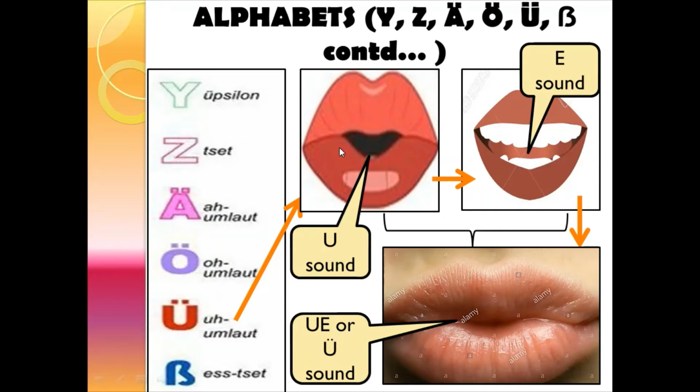Do note from this image that when the U sound is produced, the lips tend to become more protruded or projected, as we call it, than when we made the O sound. And also the lips now have a bean or a heart-like shape.